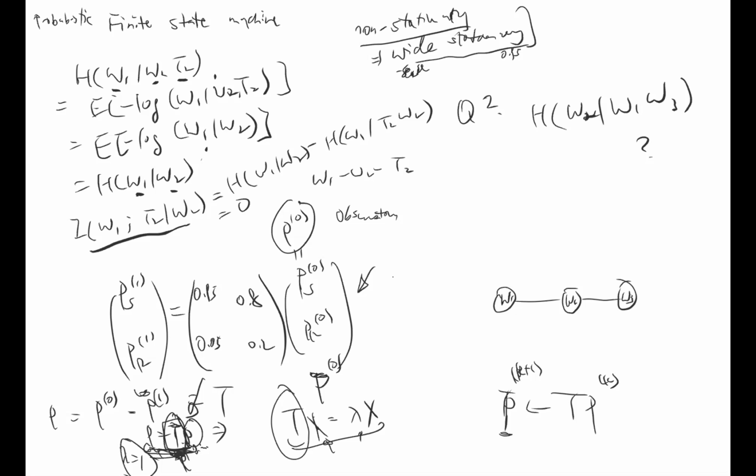This is entropy, so note that only for mutual information do we have a semicolon in the middle. For entropy, it's always just a comma. This is the conditional entropy of W2. You can roughly think of it as the remaining information of W2, given that you already know W1 and W3.